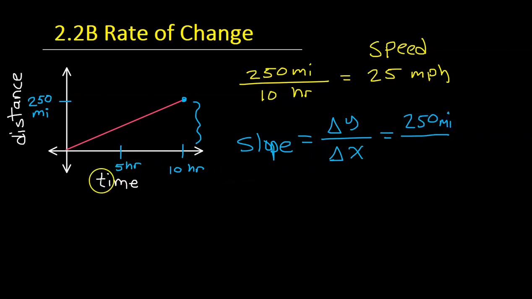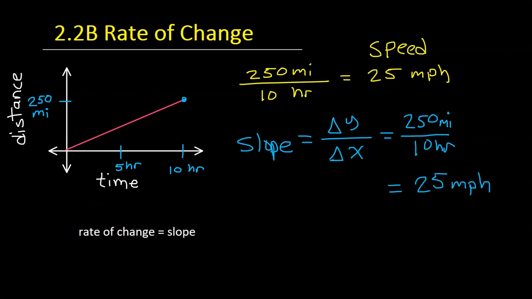And the change in x is the time right here. That is your 10 hours. So obviously this is the exact same thing that we got before. So the takeaway here is that rate of change is just the slope. The slope is the rate of change.